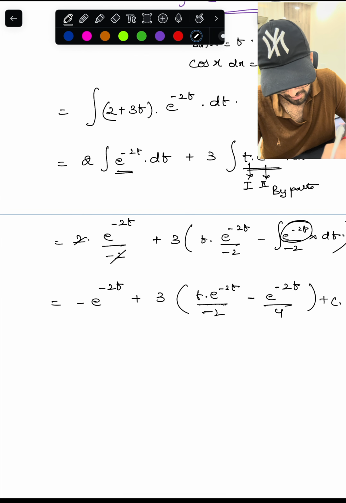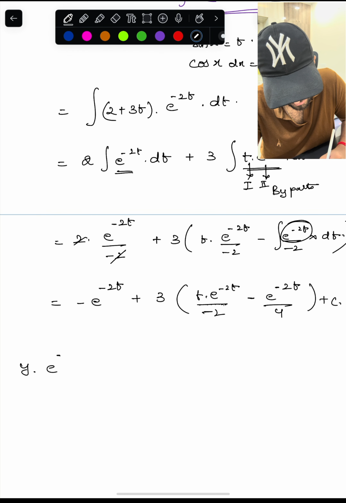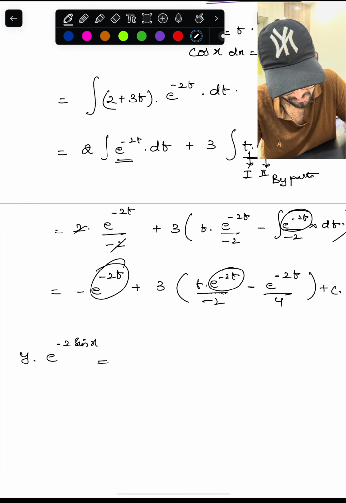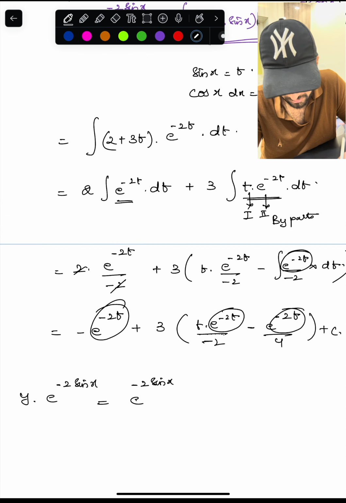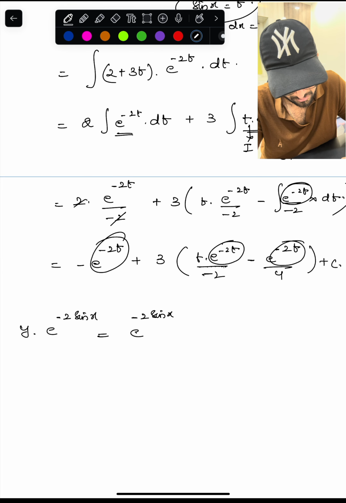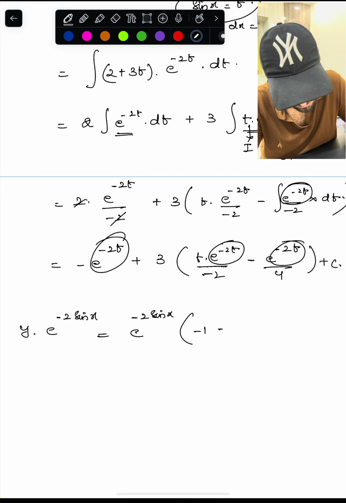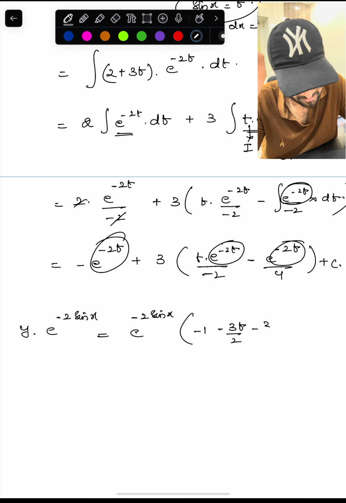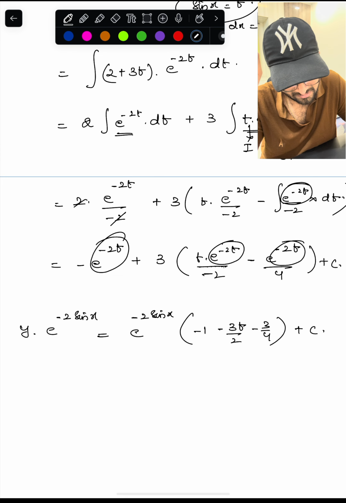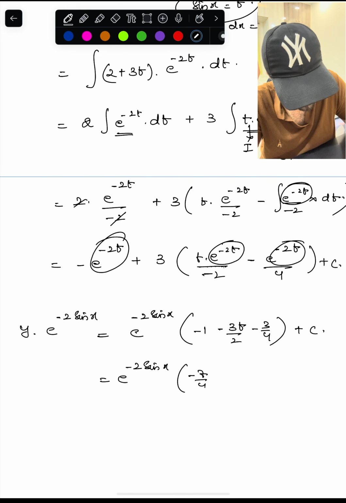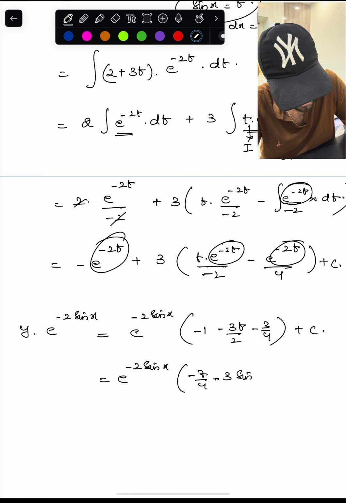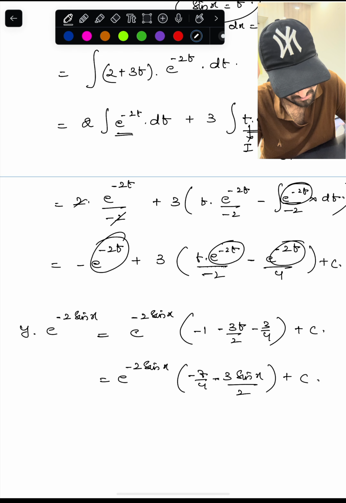So now our function came as y into e power minus 2 sin x equals, I think we can take e power minus 2t common here. e power minus 2t means e power minus 2 sin x, because t is sin x here, right? So minus 1 minus 3t by 2, sorry, minus 3 by 4 we got, plus c. So which is e power minus 2 sin x times minus 7 by 4 minus 3 sin x by 2, plus c, right?